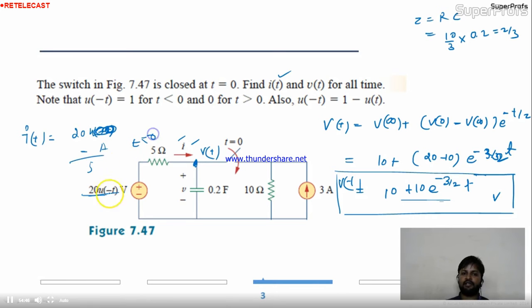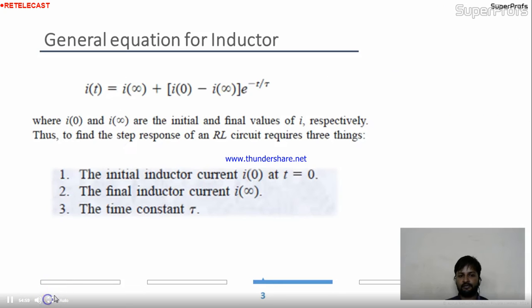This is for t less than 0, and for t greater than 0 this will become 0 minus Vt divided by 5. This is for t greater than 0. I hope this question is clear to you.